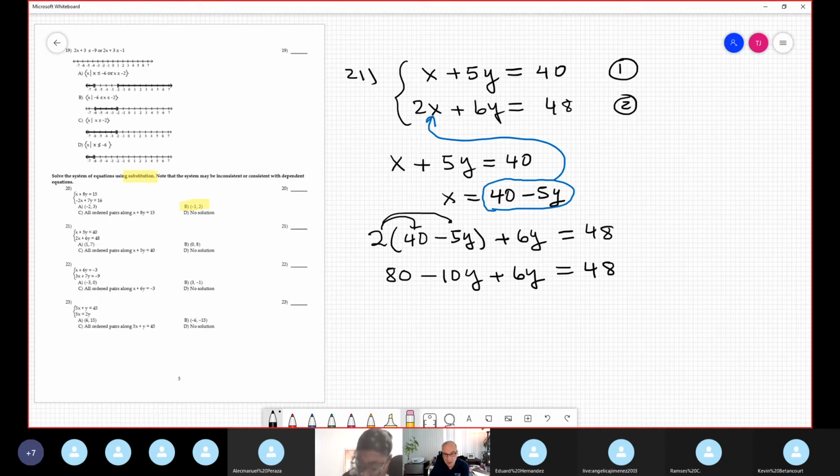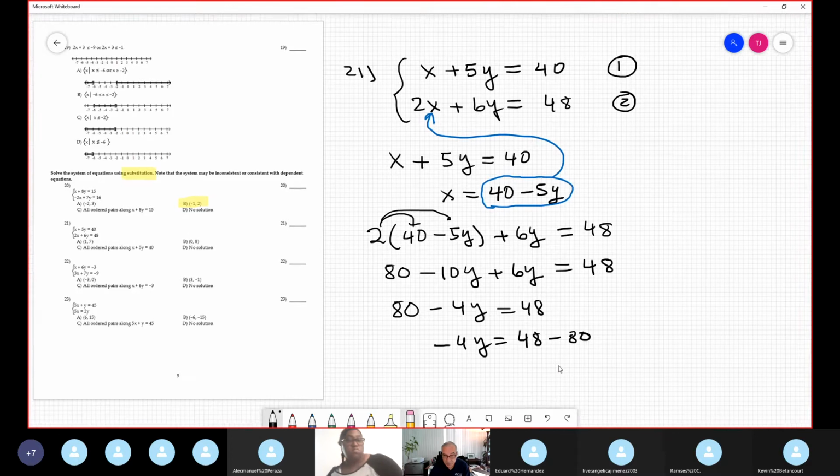We combine right there, 80 minus 4y, because minus 10 plus 6 is subtraction, put the sign of the bigger number, get 4, get negative, sorry, equal 48. Now, negative 4y is equal 48 minus 80. I put in my calculator, 48 minus 80, 32. Negative 32, of course.